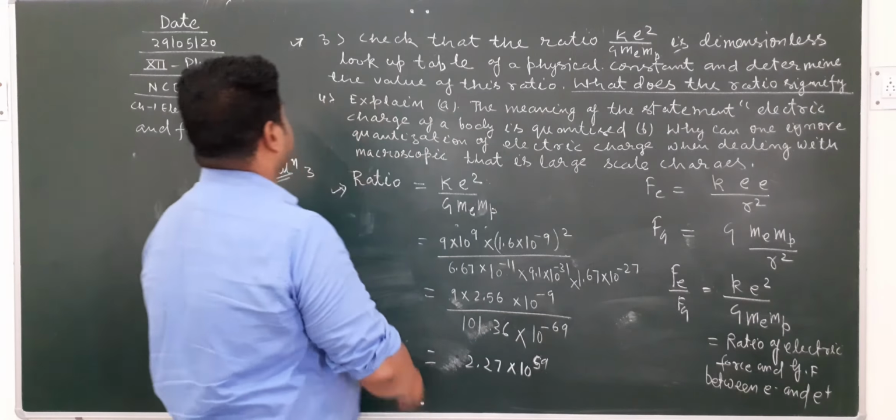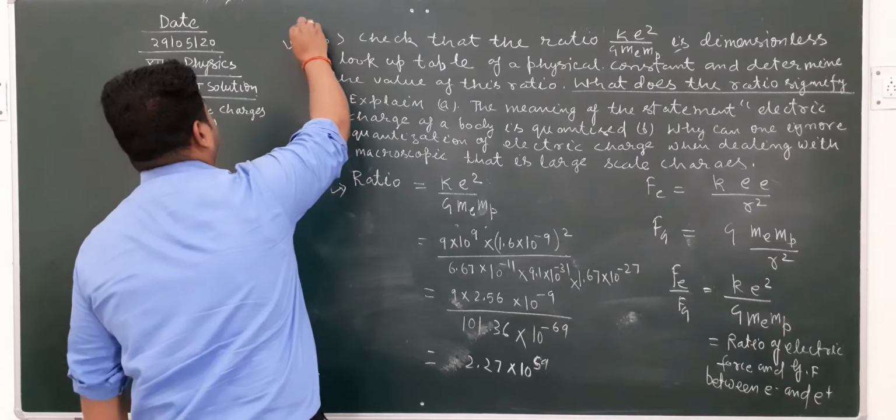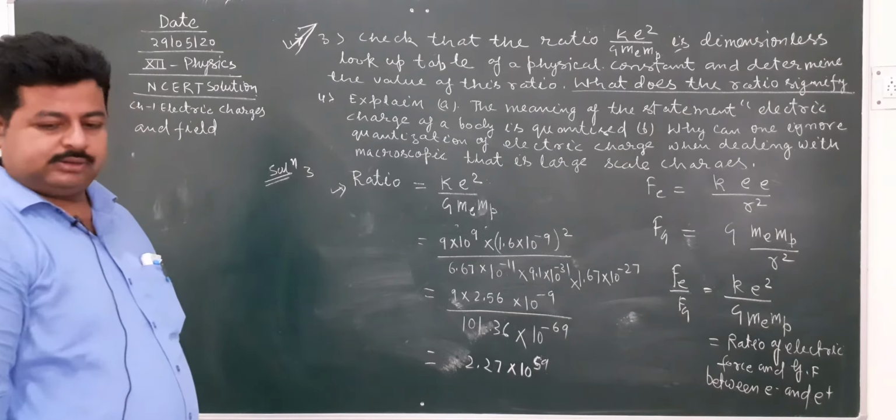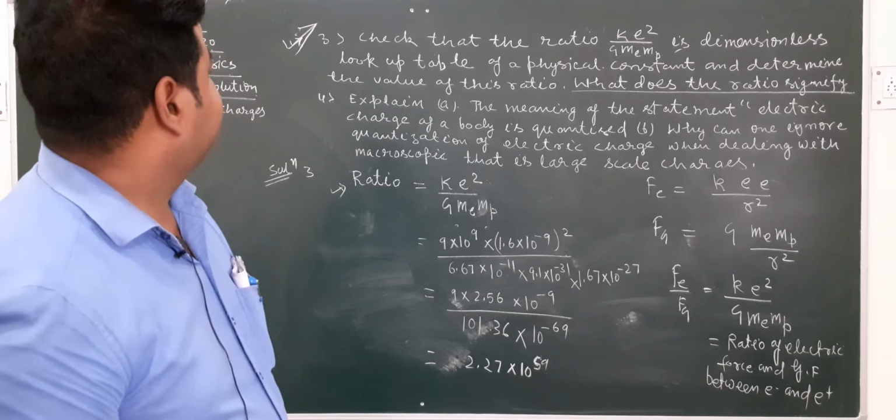Clear? So this is the answer of the third part of the question. This is the solution of question number 3. So now we are going to the fourth question.